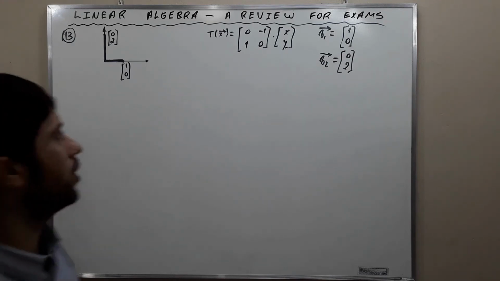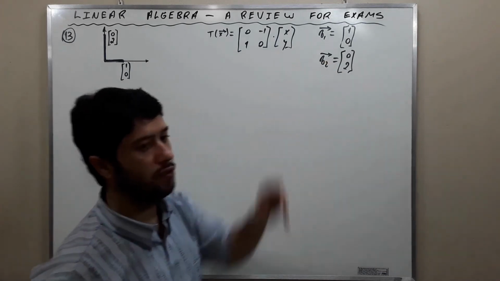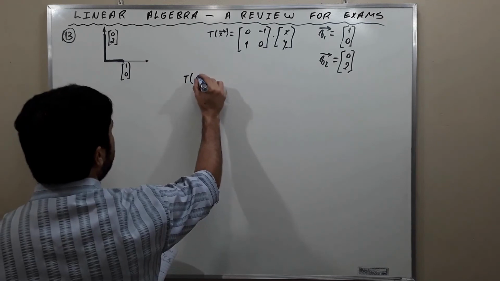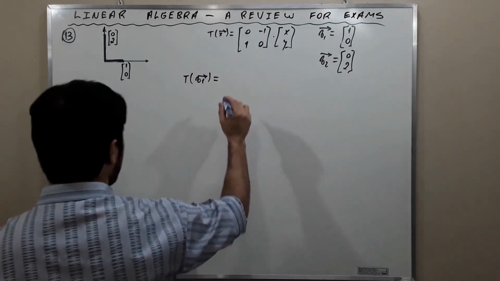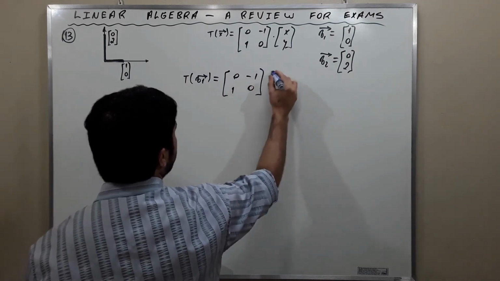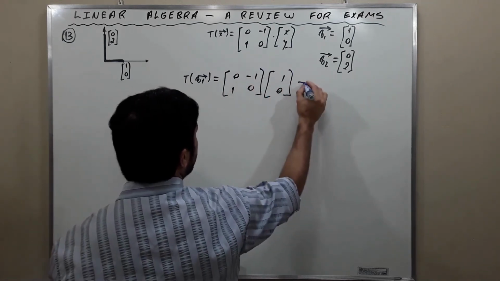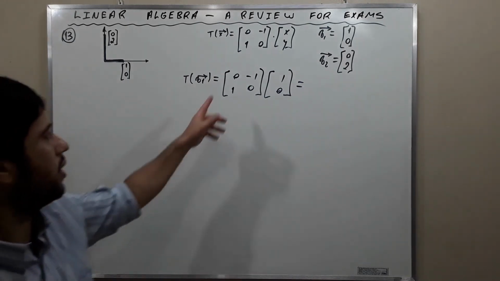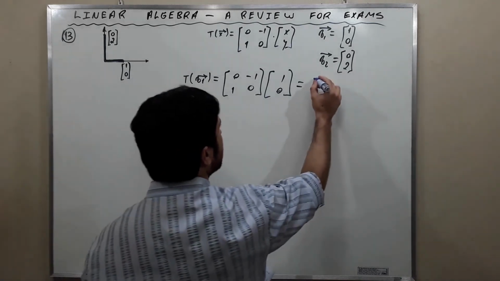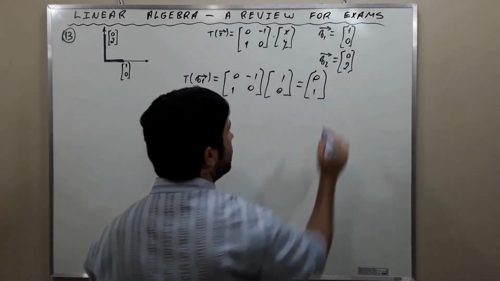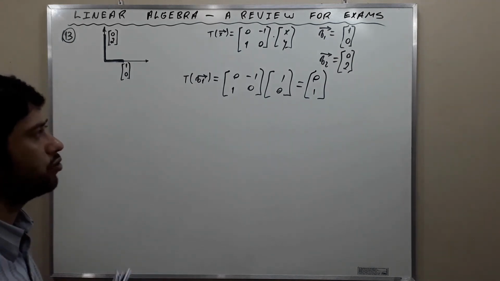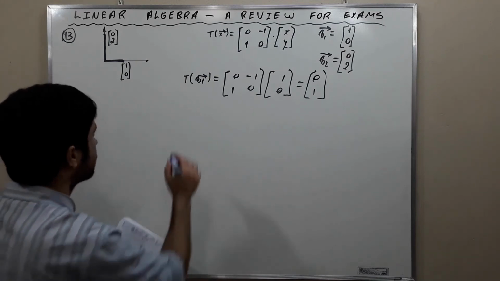First of all, we are going to apply the transformation on v1. T of v1 will be equal to the matrix (0, -1; 1, 0) times (1, 0), and we can simply multiply this matrix by this vector and we get this vector here. Now let's apply the same transformation to vector v2.